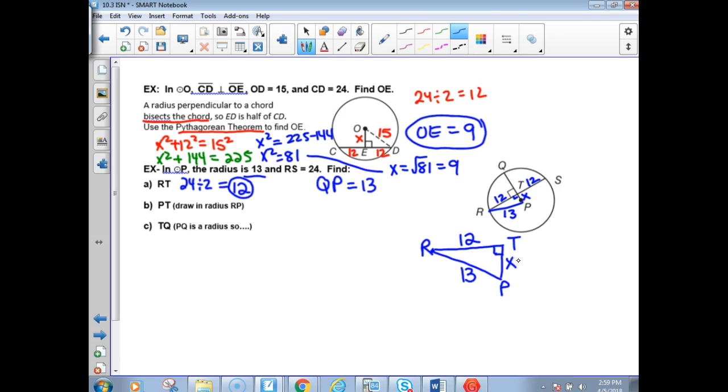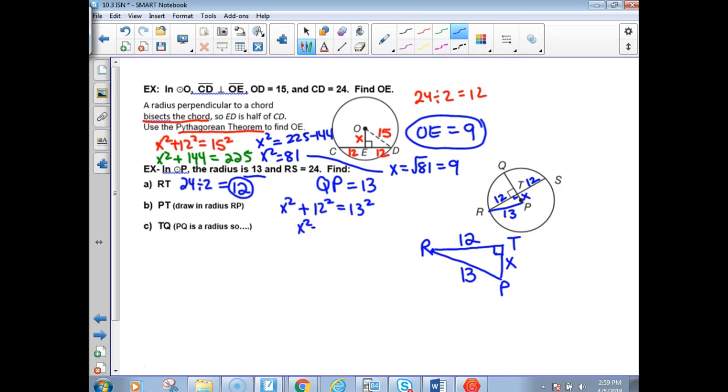Okay, so I'm going to do Pythagorean theorem. So to figure out what P to T is, I'm going to do x squared because that's a leg. 12 is a leg, so x squared plus 12 squared equals the hypotenuse, which is 13 squared. Okay, so that would be our Pythagorean theorem filled in.